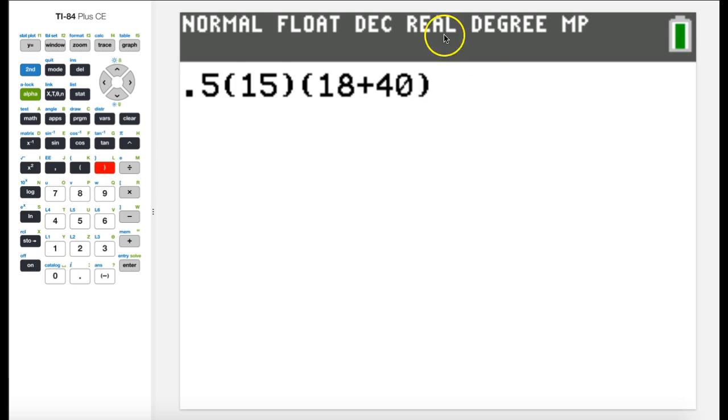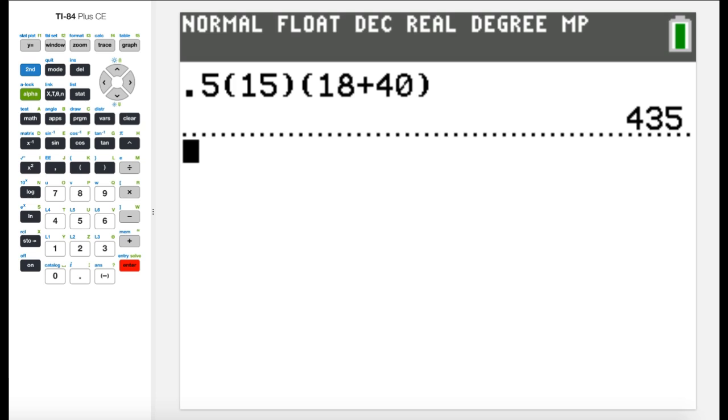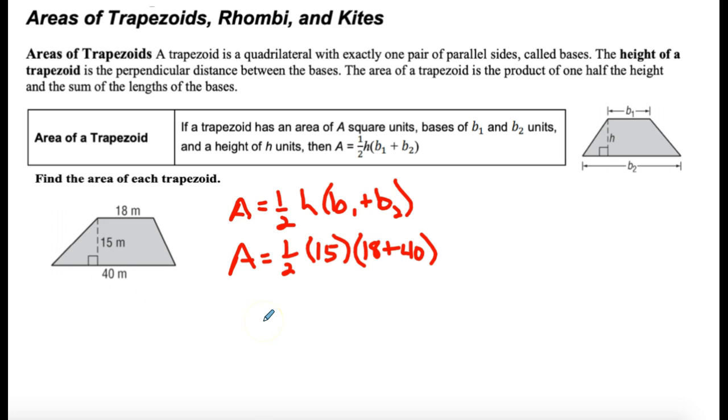If we are going to put that all into the calculator, we need to make sure that we've got parentheses here around the 18 plus 40. And we get 435. So the area of this trapezoid is going to be 435 square meters. Remember, since we're still talking about area, we're talking about square units.